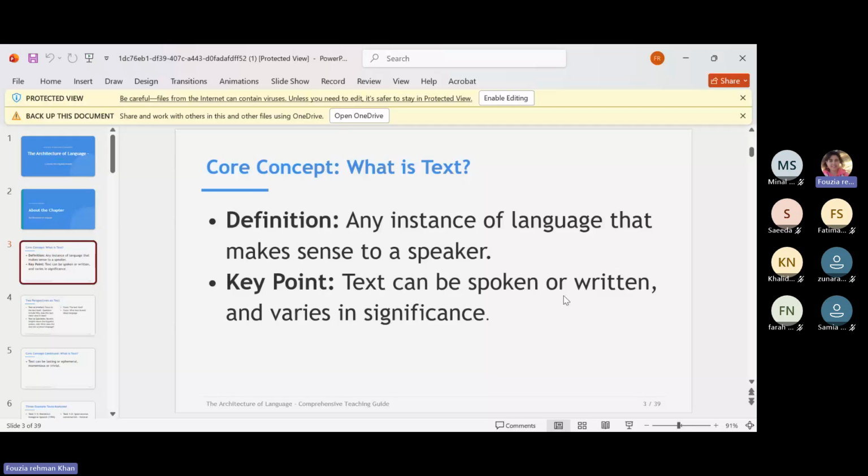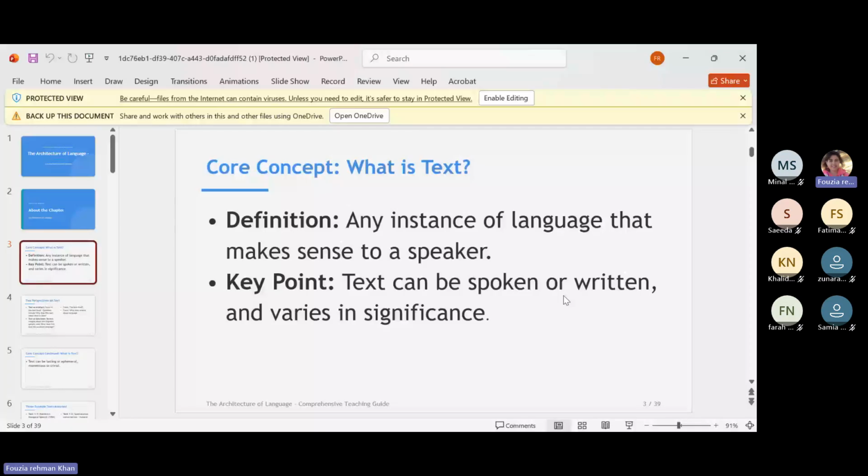We have already agreed that there are instances of language that might be used as teaching material that are devoid of any context. They are separate chunks of language. They are still language, but they are not text. Text has to be meaningful, making some sense, doing some work. It should be functional and communicative. Language being a tool, it has to be functional.